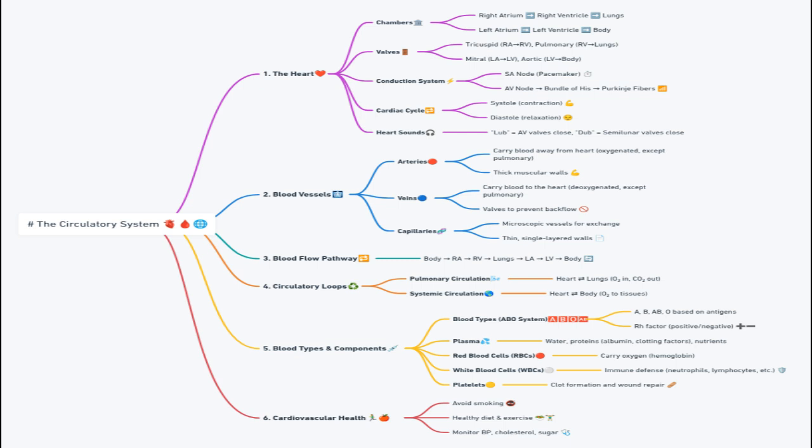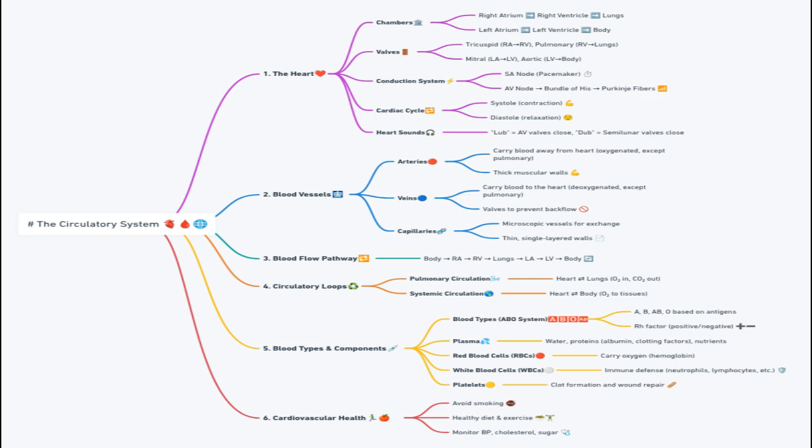With the electrocardiogram, the action potentials through the myocardium during the cardiac cycle produce electrical currents that can be measured. In the pattern, we have the P wave, which is the atrial depolarization, and the QRS complex, which is the ventricular depolarization, and also atrial repolarization.